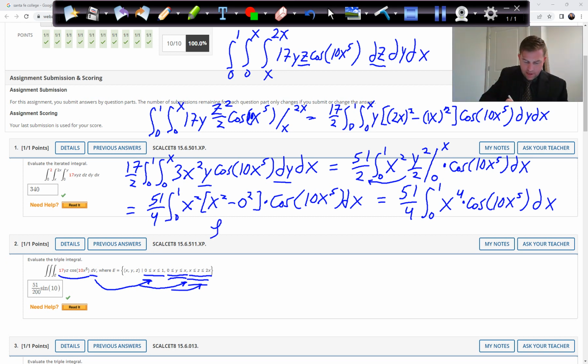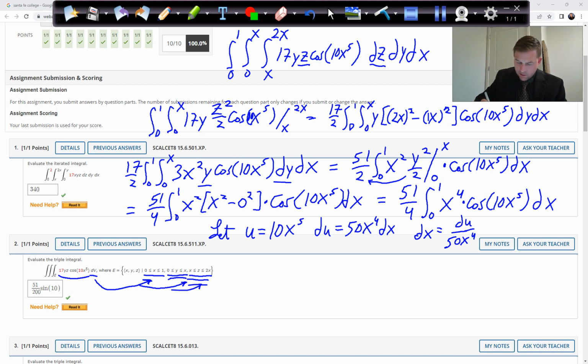So we're going to let u equal 10x to the 5th. Therefore, the derivative of u will equal 50x to the 4th dx, and therefore dx will be du over 50x to the 4th.